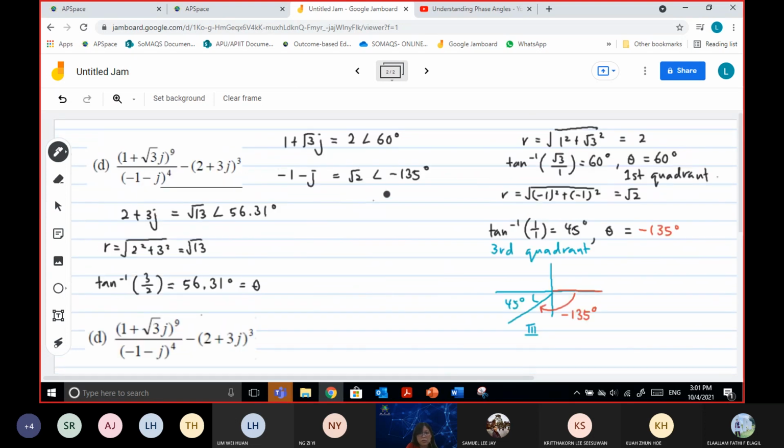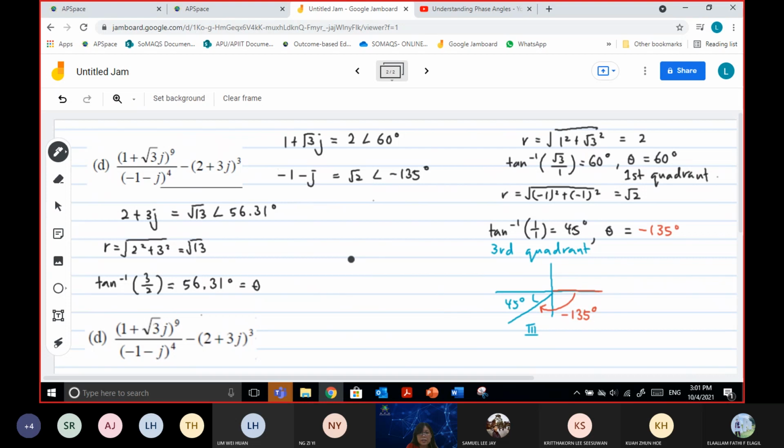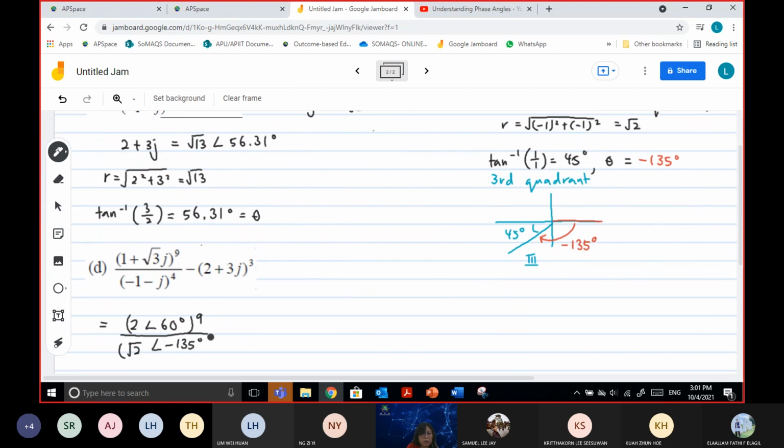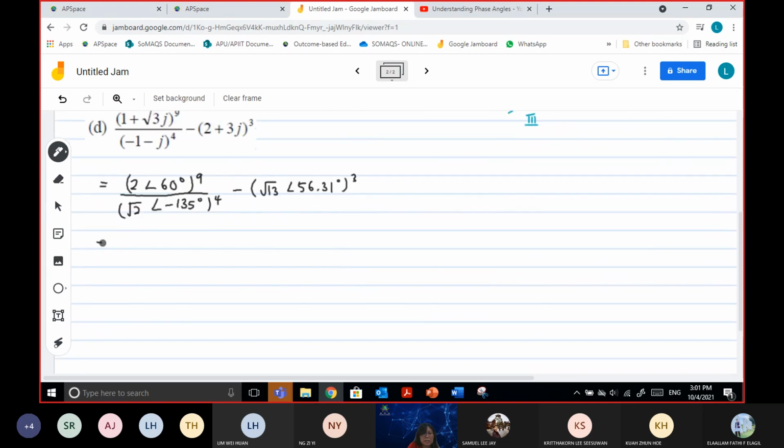Then for the one at the bottom, square root of 2 angle -135, power of 4, minus what we have just now, square root of 13 angle 56.31, power of 3.